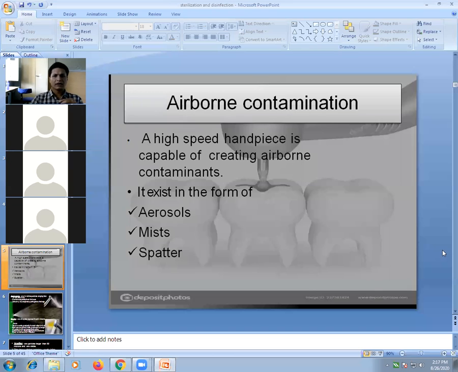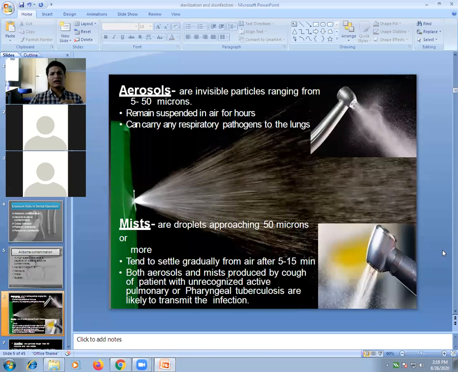If we are talking about airborne contamination, how does it happen? A high-speed handpiece is capable of creating airborne contaminants like aerosols, mists, and spatter. These three things are very dangerous, and they help in contamination. What are aerosols?